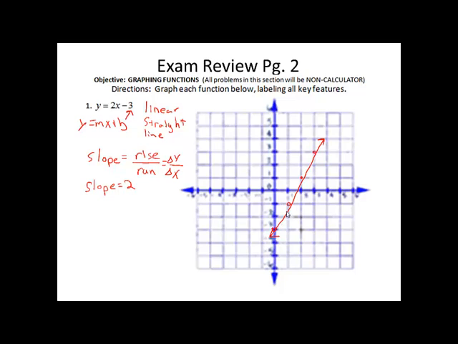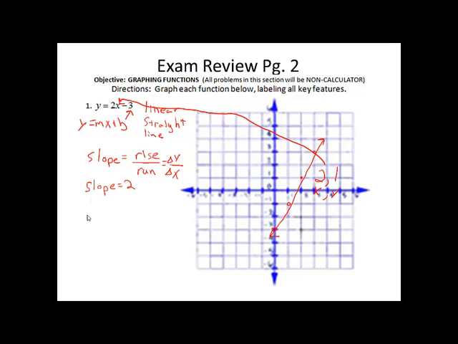One way we can check our line, I know that my line is not going through this dot right here, but let's take point 2, 1, and let's put that back into our function to check it. So we're going to put a 2 in for x and a 1 in for y.